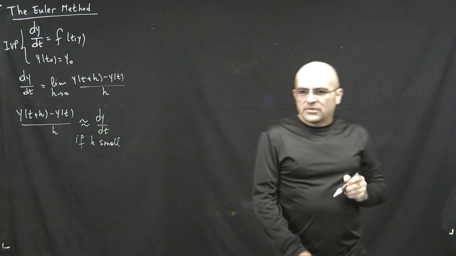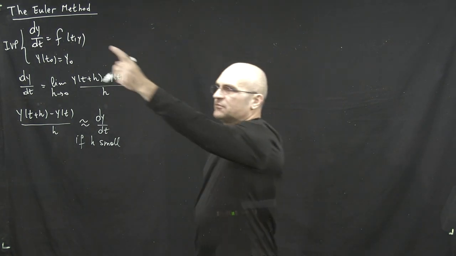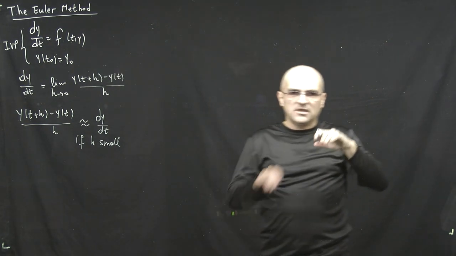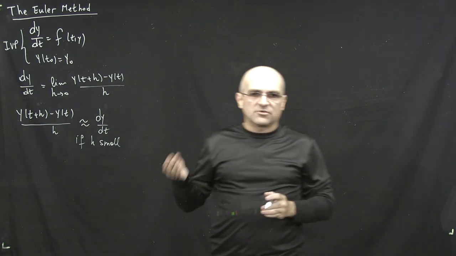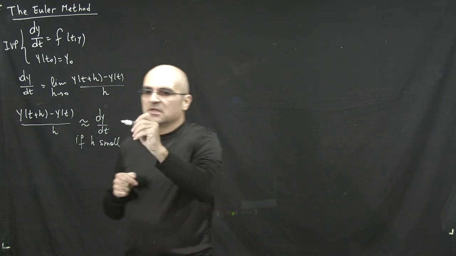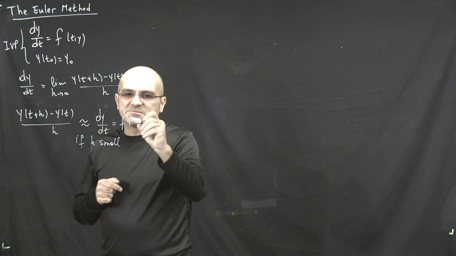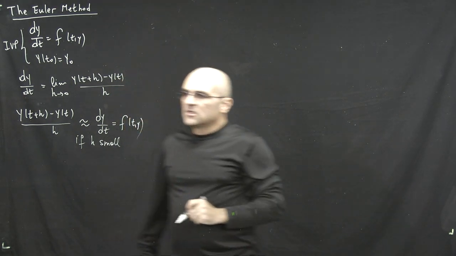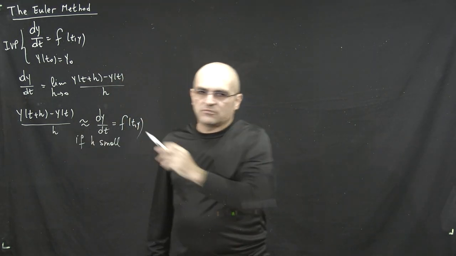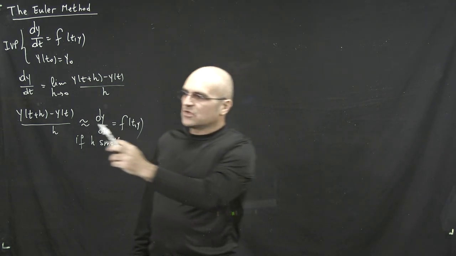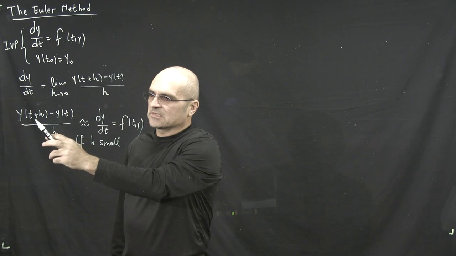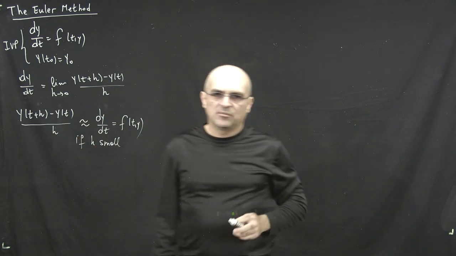On the other hand, we know that dy/dt is my f of t, y, right? So f of t, y is the entire right hand side of the ODE, and that replaces the derivative. So that means dy/dt can be replaced by f of t, y. So if I look at the left and the right side of this equality, you notice that I could figure out how to compute a point at a later time if I know the previous point.